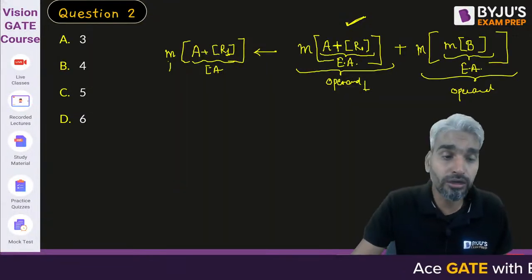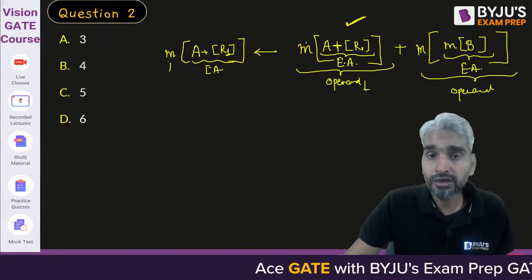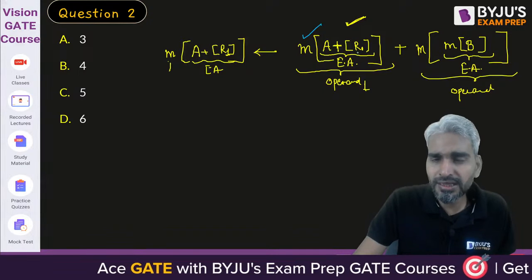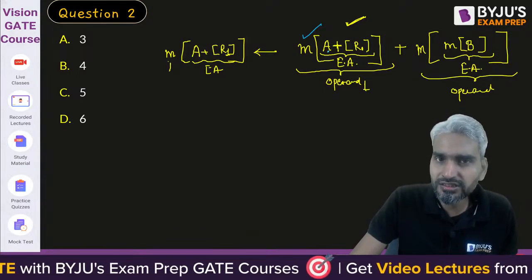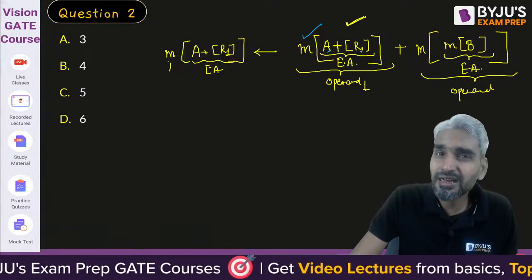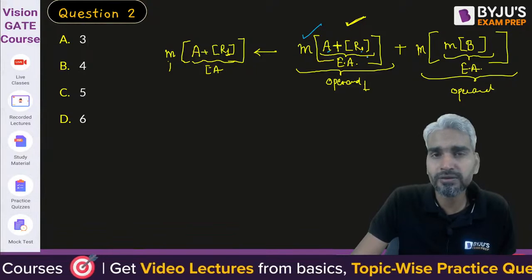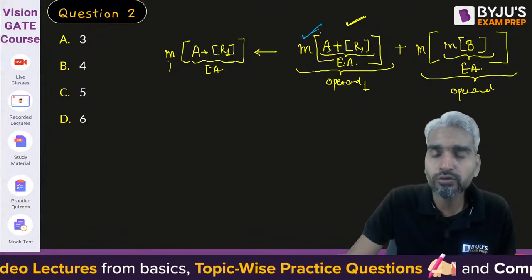Sir, how many memory references are performed? One is to get the first operand. In the calculation of the effective address, this value is already present in the instruction, so no memory access. This is the content of a register, so no memory access. So the effective address for the first operand is calculated without any memory access, but to get the first operand you will have to access the memory.